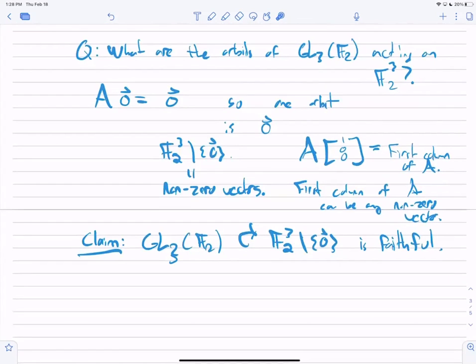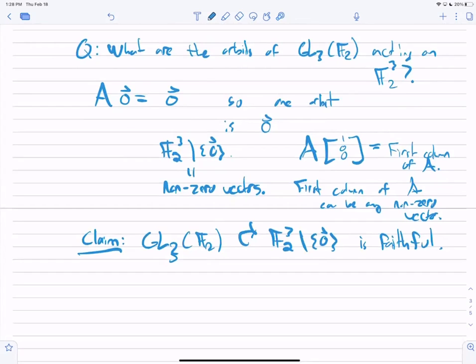A less fancy way to argue: if you have something in the kernel of this action, then it fixes the three standard basis vectors, so all of its columns are the three standard basis vectors.